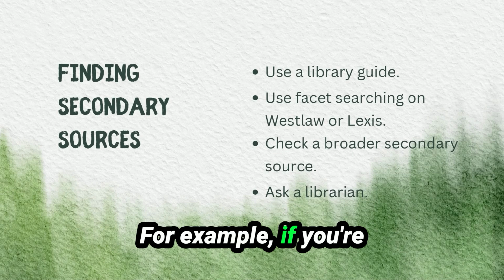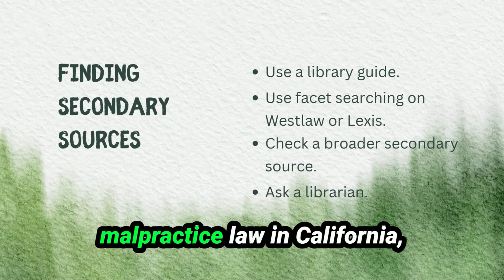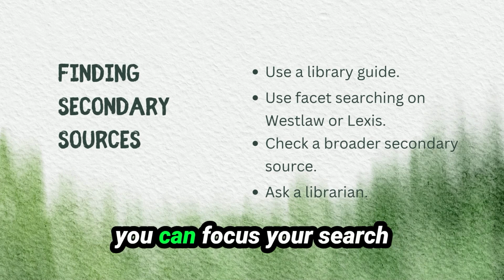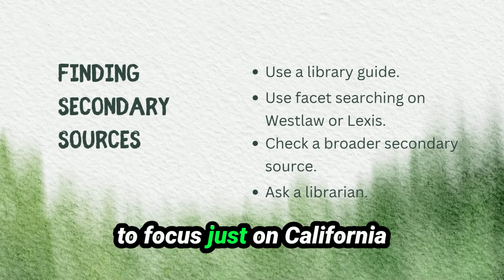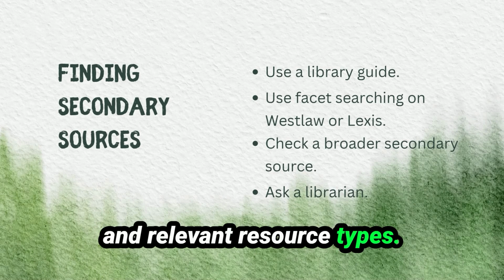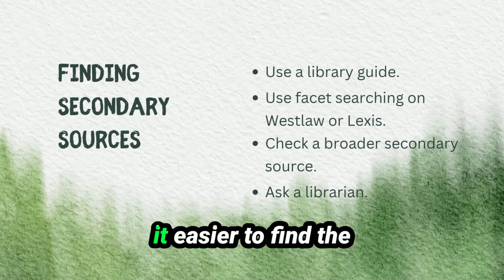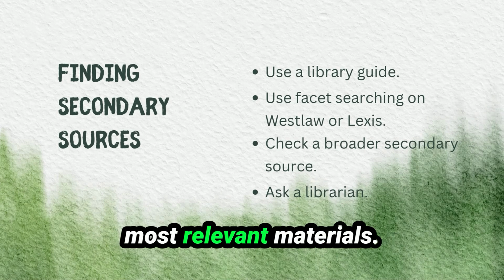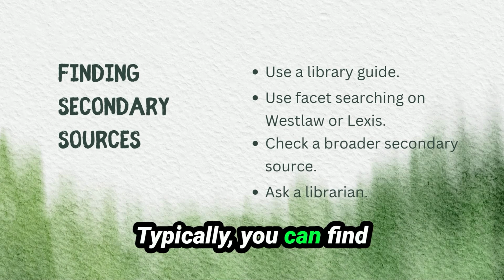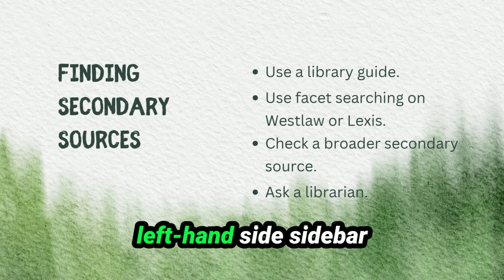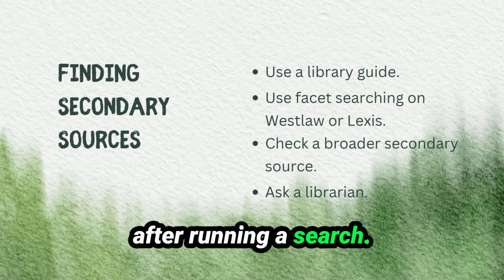For example, if you're researching medical malpractice law in California, you can focus your search just on California and relevant resource types. This approach reduces false positives and makes it easier to find the most relevant materials. Typically, you can find facet searching on the left-hand side sidebar after running a search.